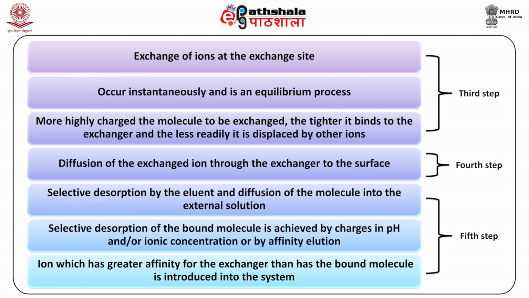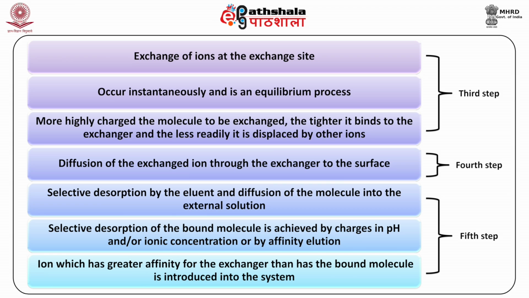Exchange of ions at the exchange site. This is thought to occur instantaneously and is an equilibrium process. The more highly charged the molecule to be exchanged, the tighter it binds to the exchanger and the less readily it is displaced by the other ions. Diffusion of the exchanged ion through the exchanger to the surface. Selective desorption by the eluent and diffusion of the molecule into the external solution.